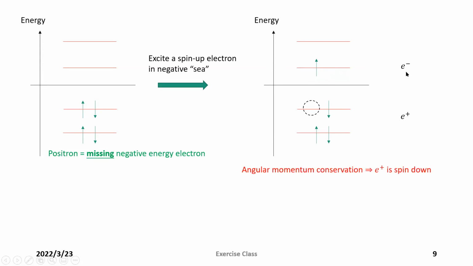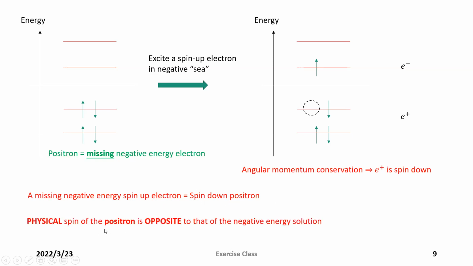Since this electron is spin up, by angular momentum conservation, this positron should be spin down. So actually, a missing negative energy spin up electron will correspond to a spin down positron. That means the physical spin of the positron is opposite to that of the negative energy solution.